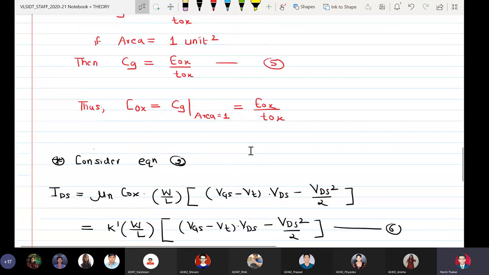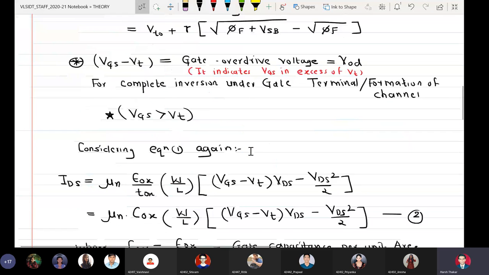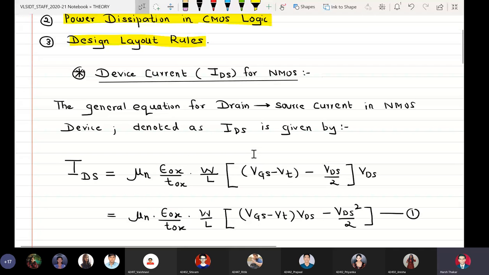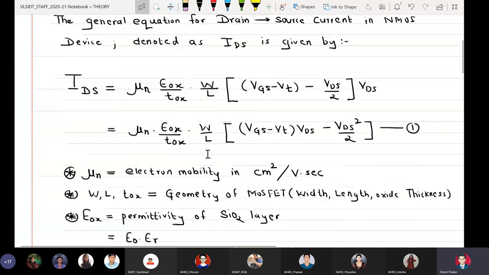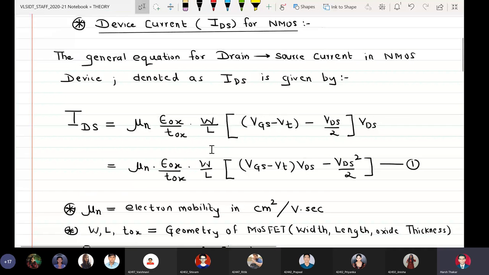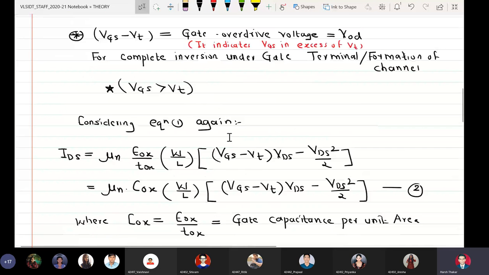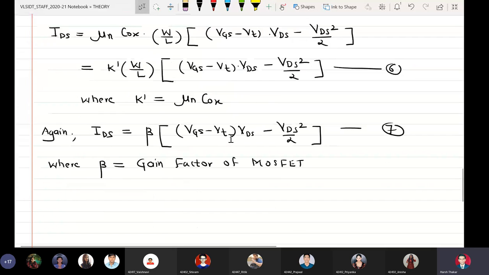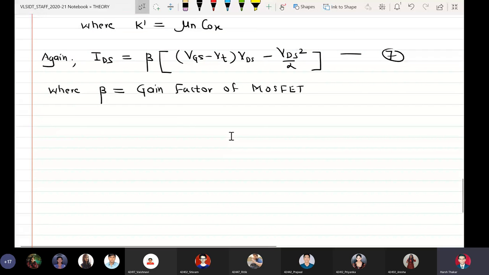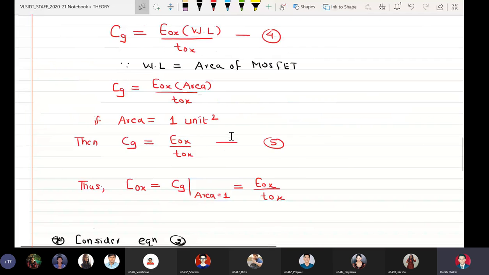Okay, so we will do the highlightings afterwards. Okay, so from equation number 1 to 7, fine.